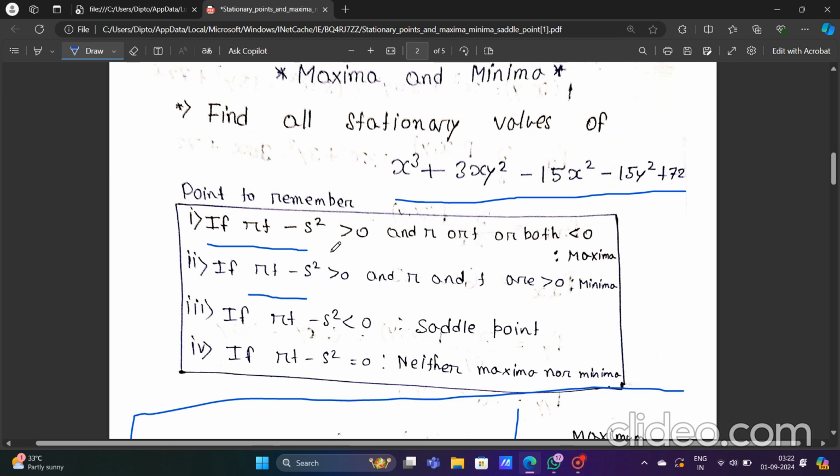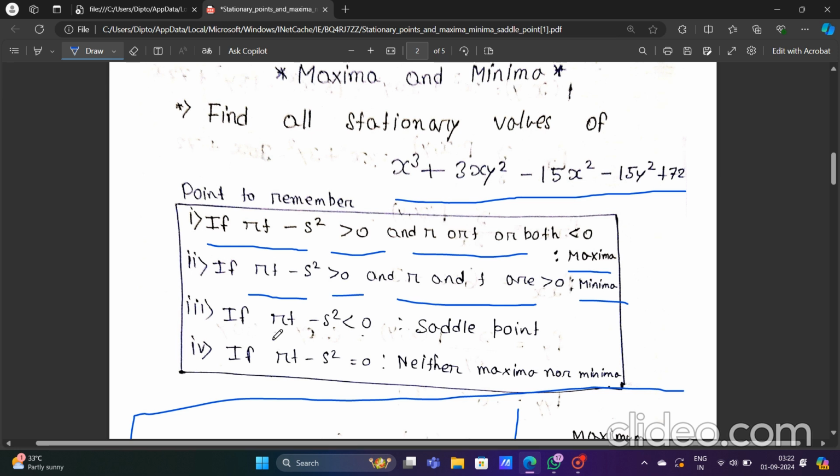If rt minus s square is greater than 0, and r and t both are negative, then our stationary values are giving us maximum. If rt minus s square is positive and both r and t are also positive, then our stationary values are giving us minimum point.